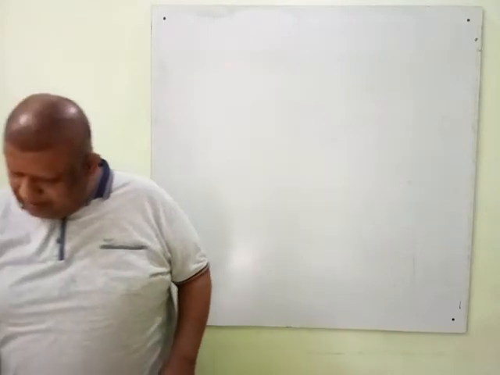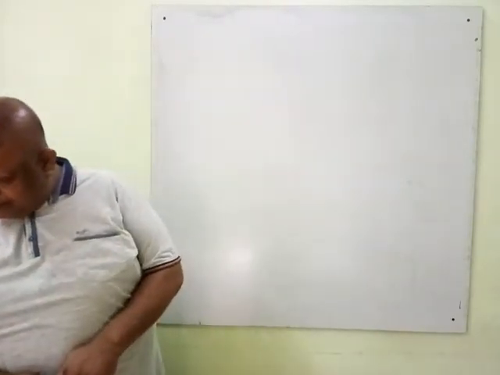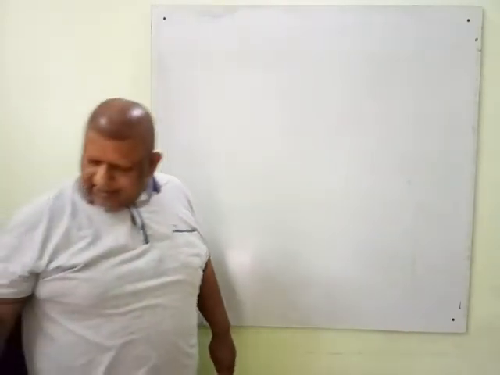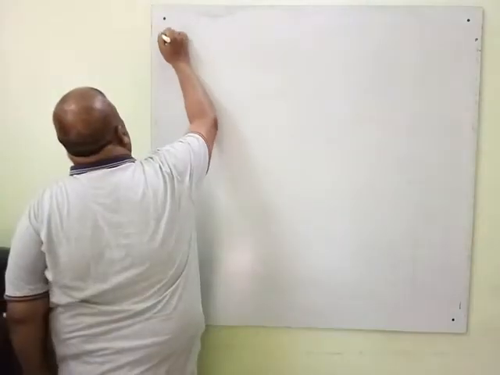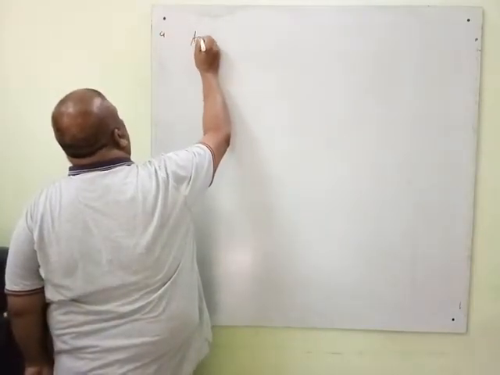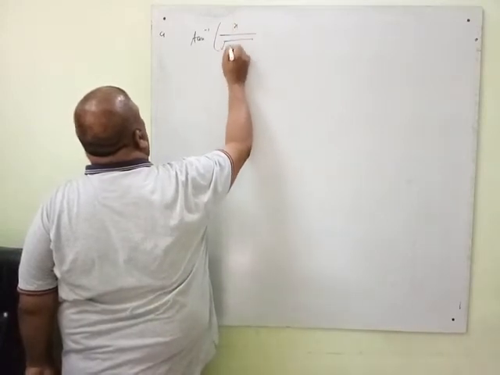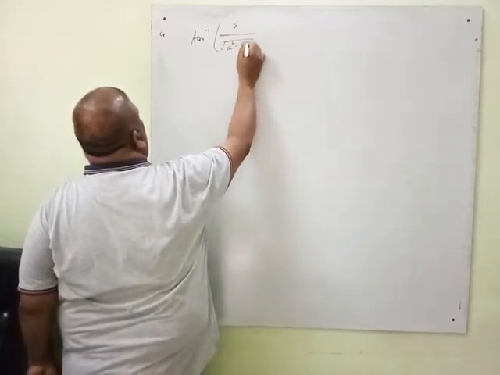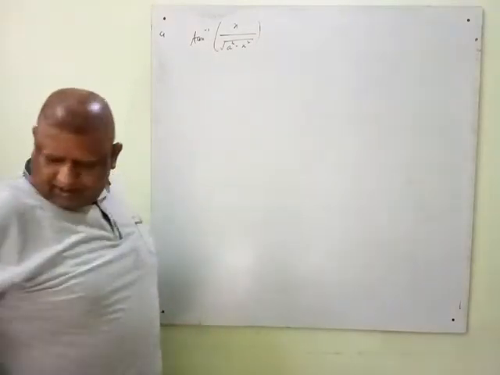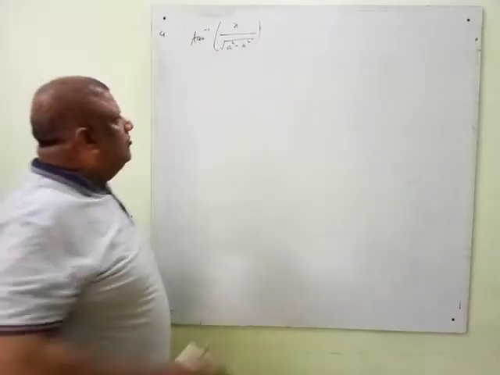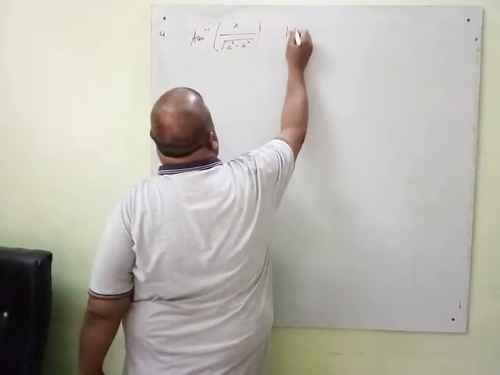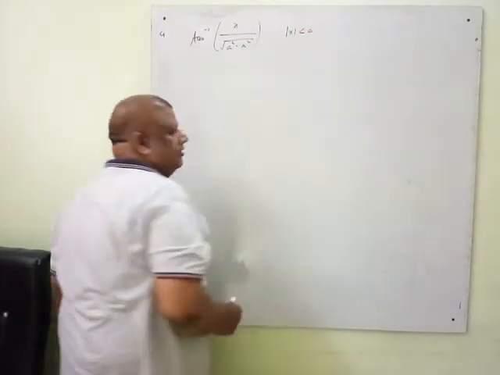I am taking question number 9, a similar type of question. Tan inverse of x upon under root of a square minus x square, its domain is mod of x less than a.